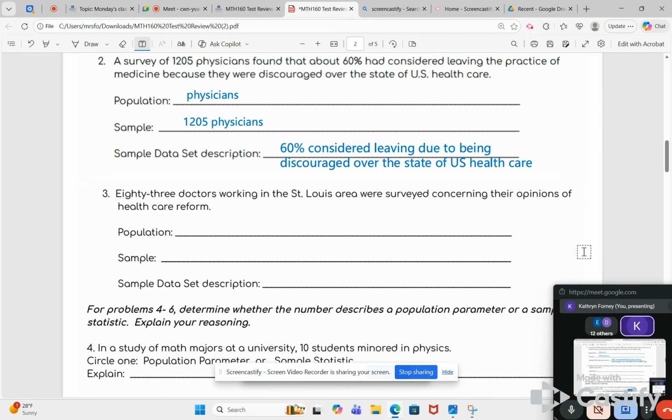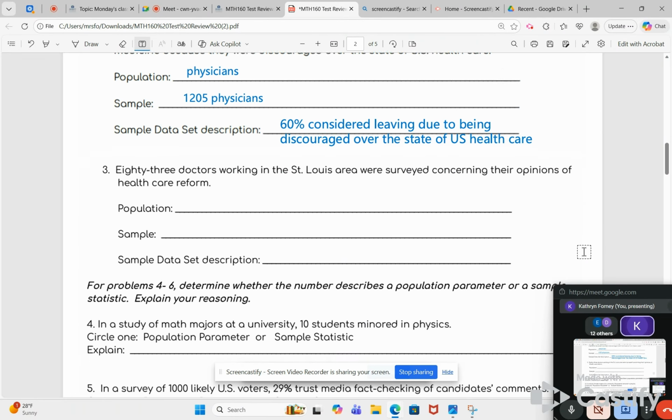All right. So, what the sample data description means is, out of the sample, what did they discover? So, 3 says 83 doctors working in St. Louis were surveyed concerning their opinions of healthcare reform.